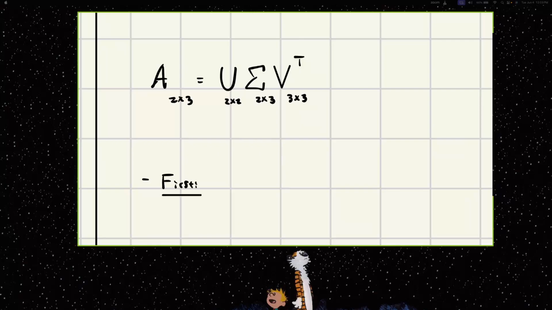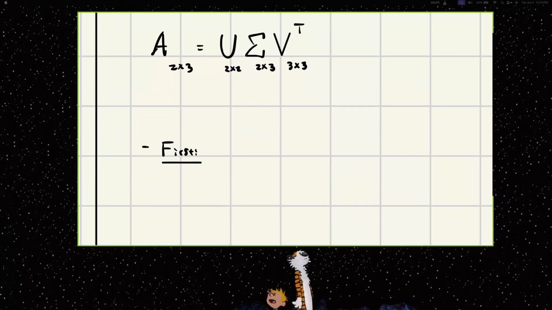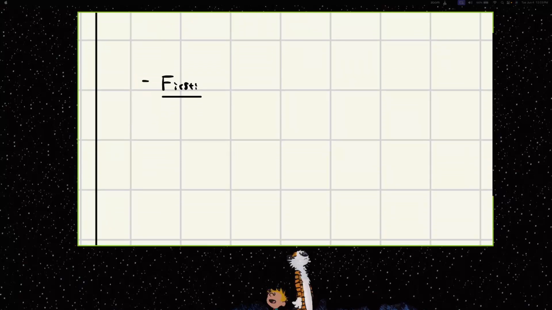This video is already really long, and I hope you can understand why I don't want to show every matrix multiplication and every full eigenvalue computation by hand.